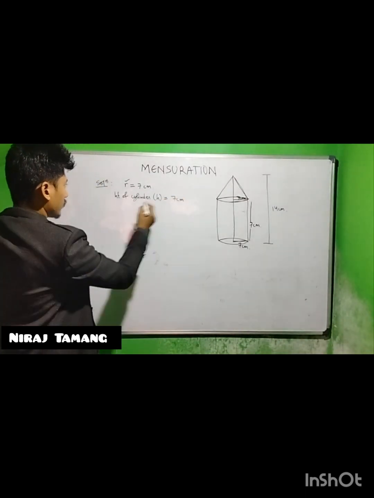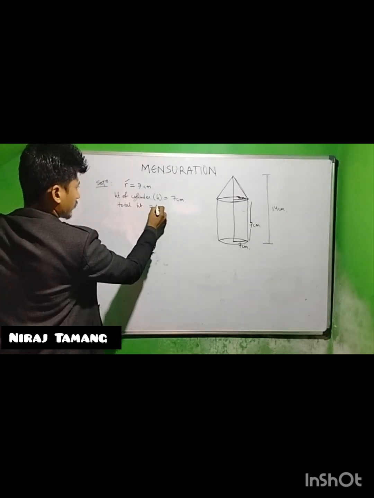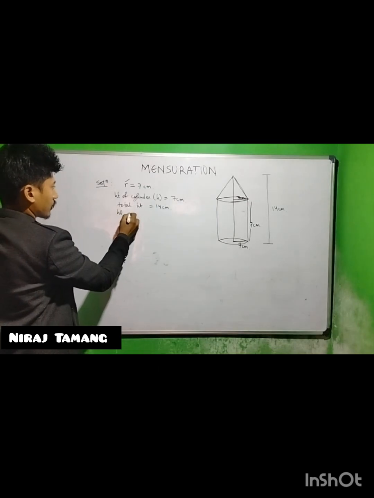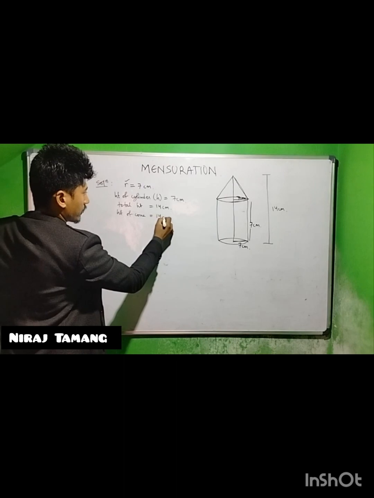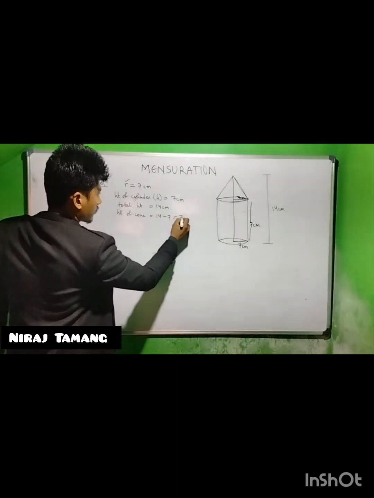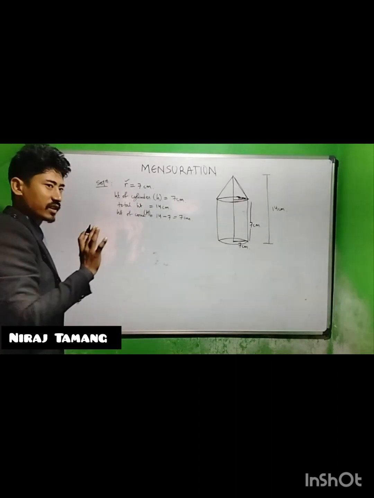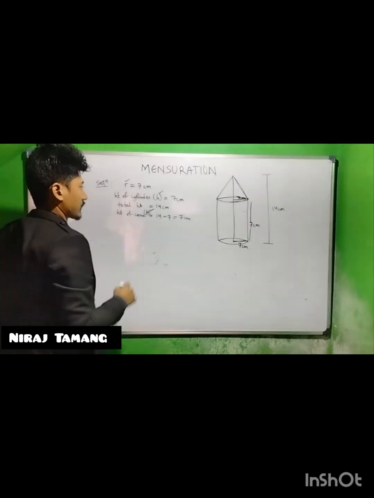And look at the total height. The total height of the tent is 14 centimeter. So from there I can get the height of the cone, or conical part, that will be 14 minus 7, which is also 7 centimeter. I am writing this as capital H, just to distinguish between cone and cylinder: small h and capital H.